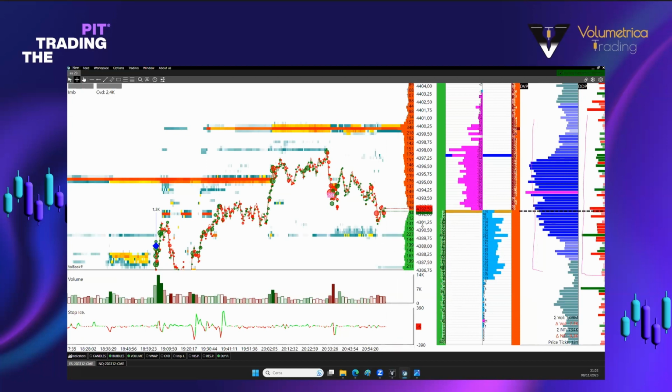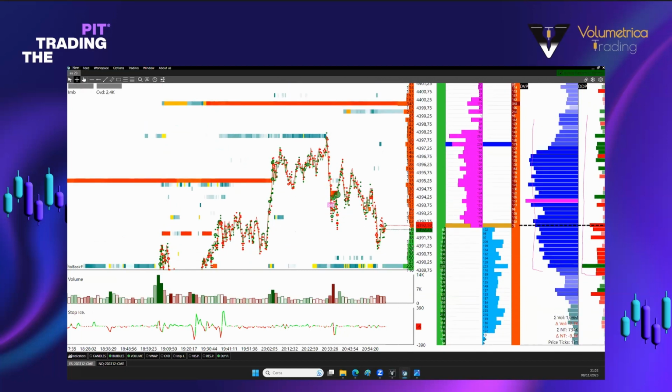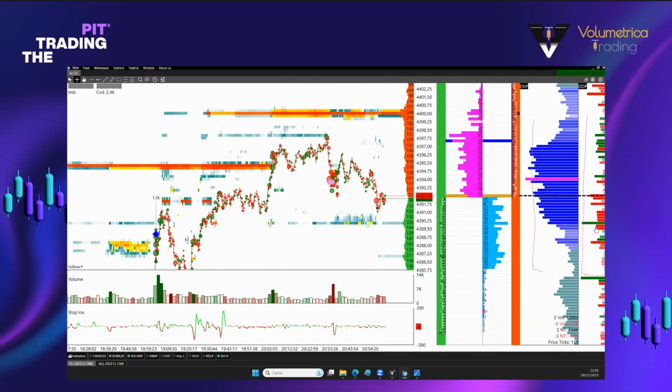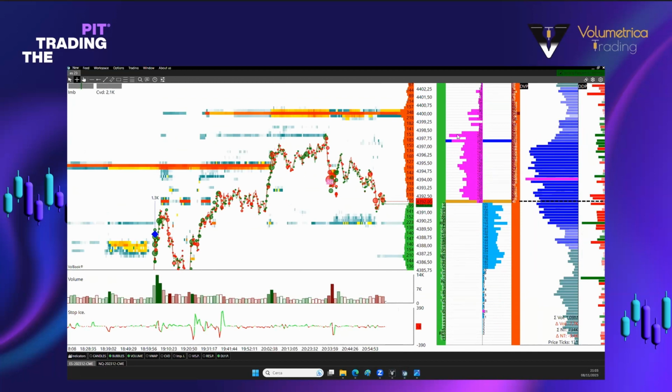You can't really see numbers because I should be able to zoom in, but those are daily. And these, if you're wondering what those are for, those aren't really a volume profile.